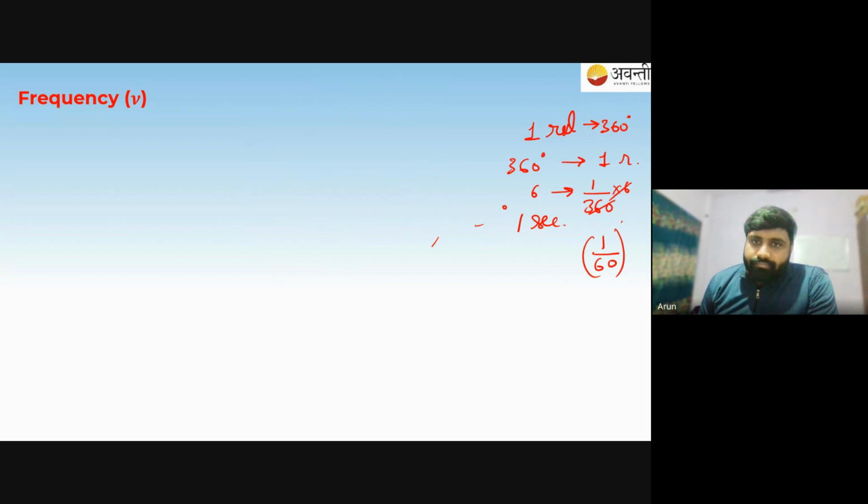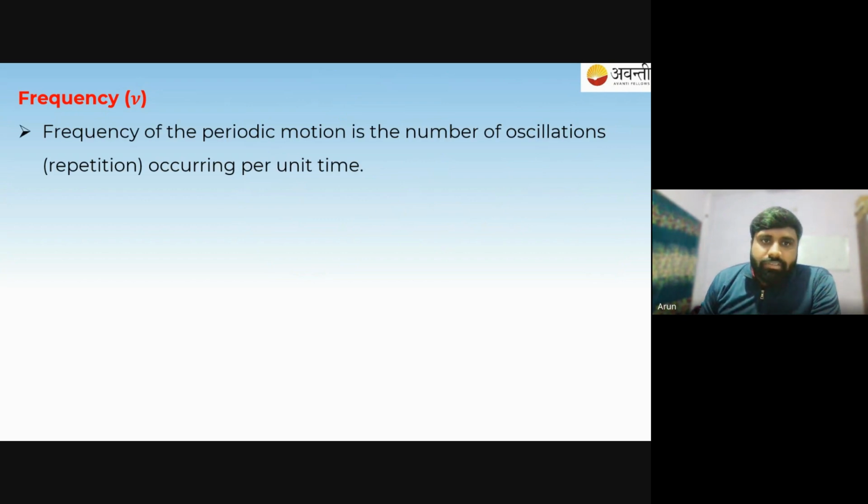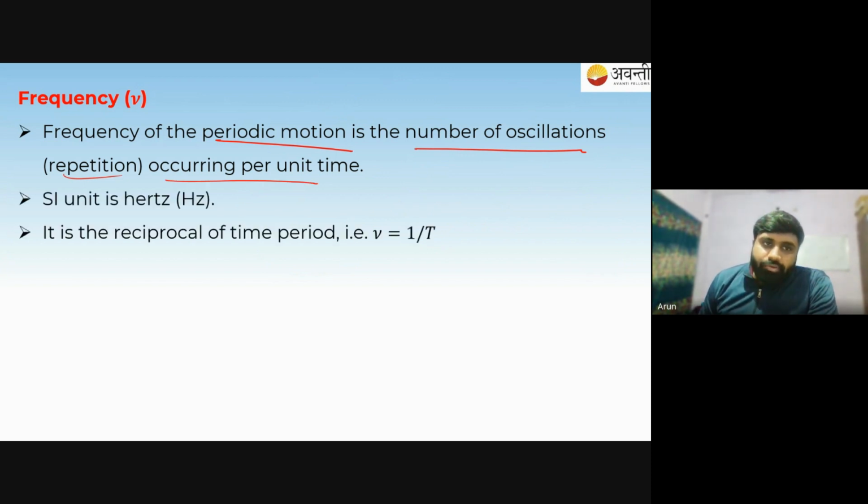Now, going by the definition, the frequency of periodic motion is the number of oscillations or repetitions occurring per unit time. The SI unit of it is hertz.